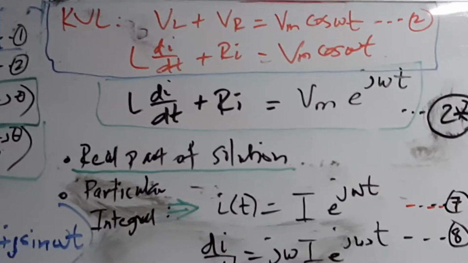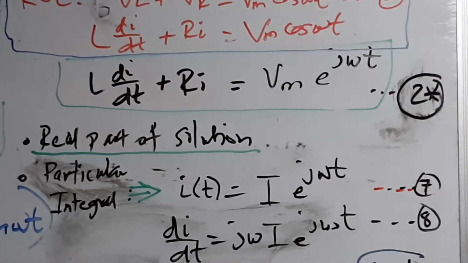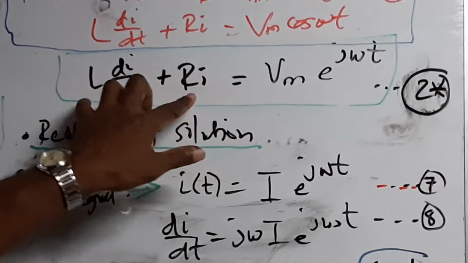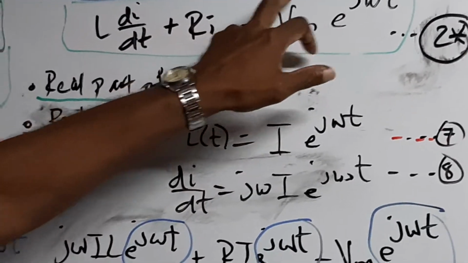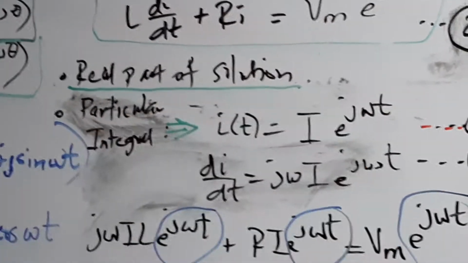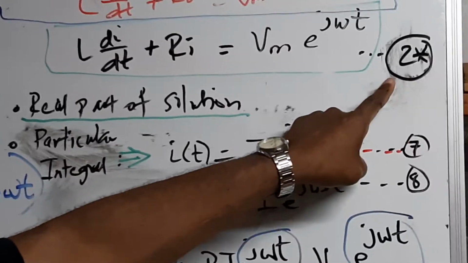Now, if we use this complex notation, everything on the left is the same, but the right becomes, instead of Vm cos omega t, Vm e to the j omega t. So I've labeled that as equation 2 star.